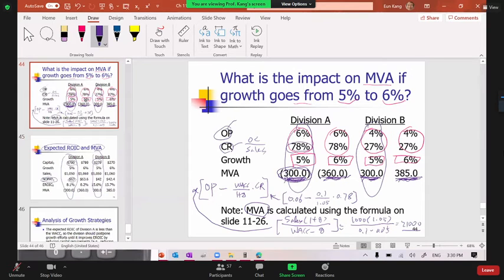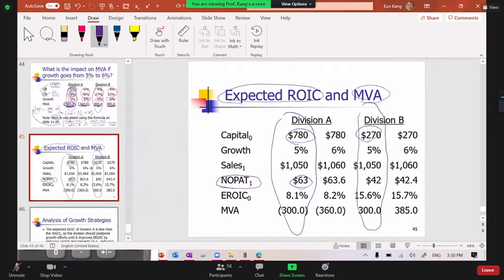Operating profitability is NOPAT over sales, right? So everything is really related. There's 6%, so NOPAT is 6% of sales. We know that NOPAT 0 is 60, right? So NOPAT 1 is NOPAT 0 times 1 plus g, right? And now NOPAT 1 is 60 times 1.05, and that is why it's 63. All the other numbers are the same thing, right?